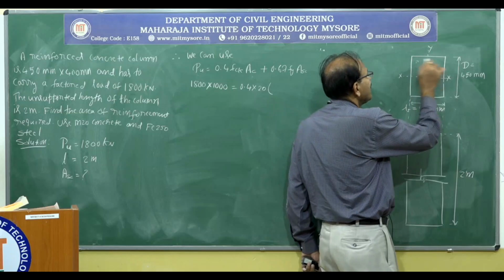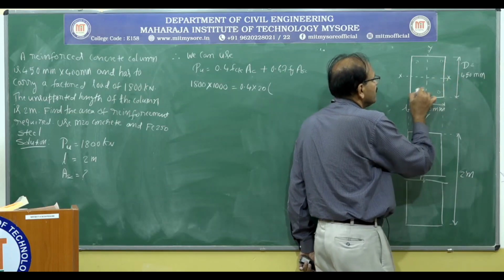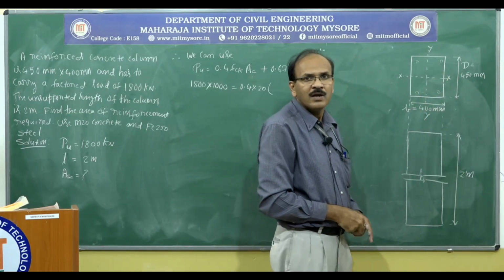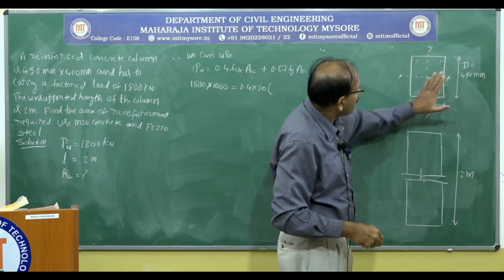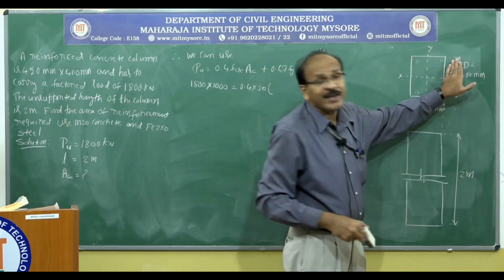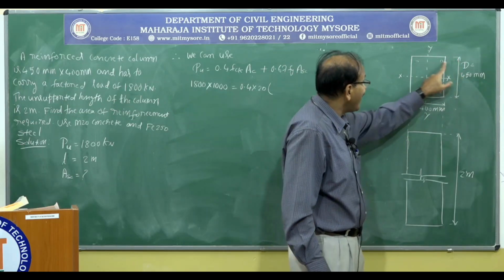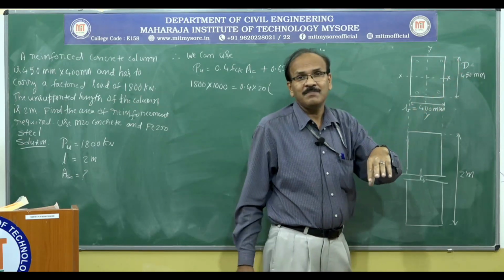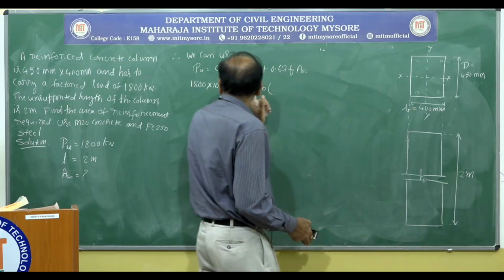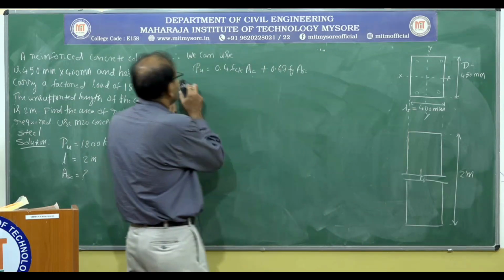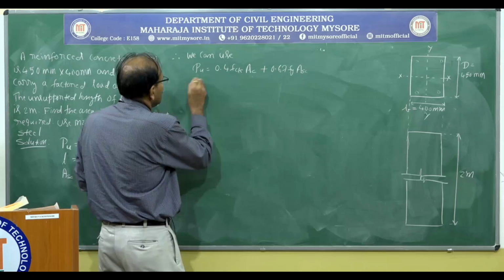See, if you put steel here, okay, so the area of concrete is going to be the gross area AG minus the area of compression steel. Okay. So I am going to go ahead and write one more step.